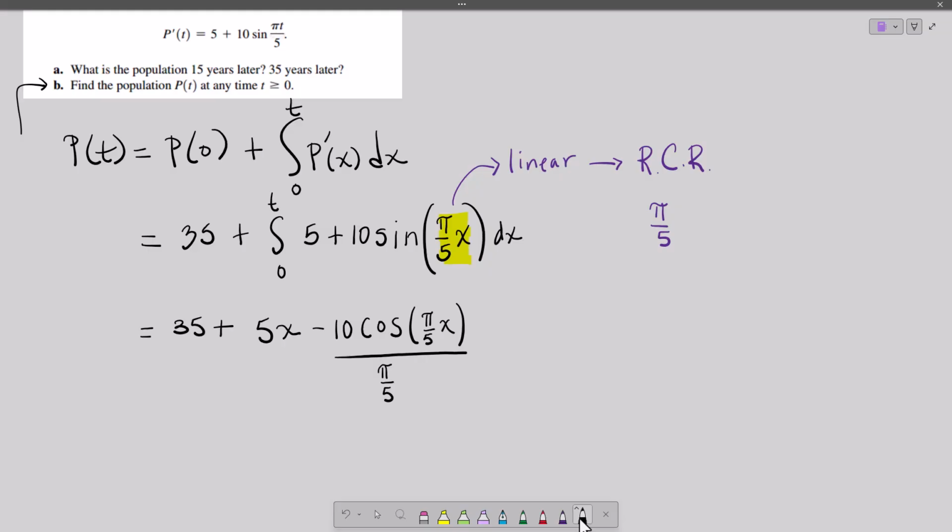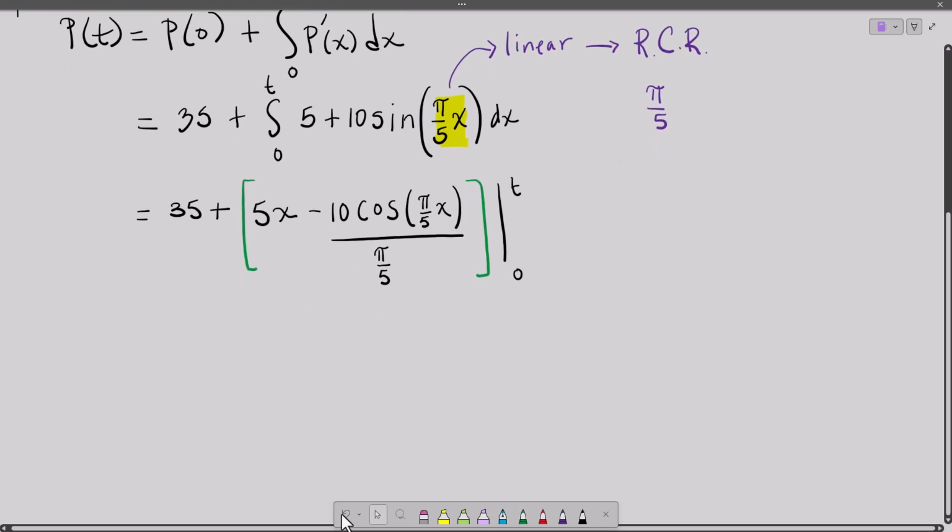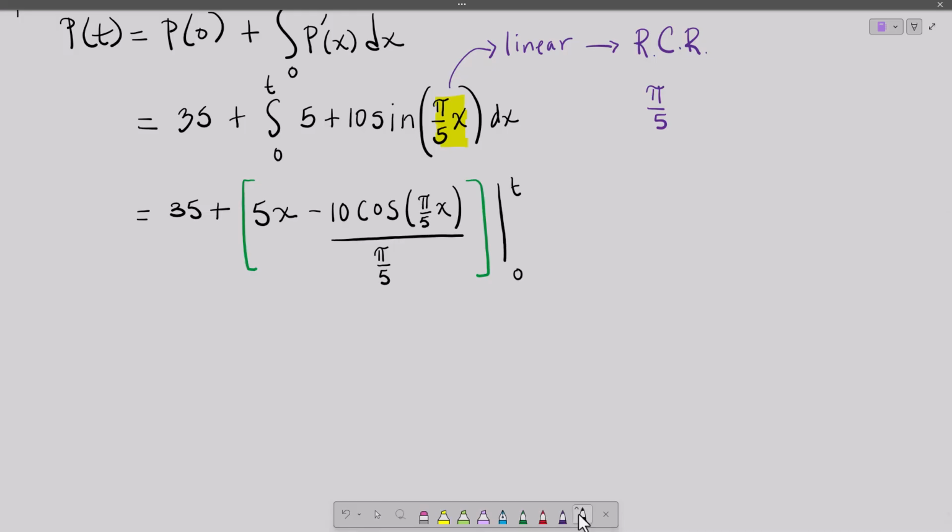And then this all gets evaluated on the interval 0 to t. If you want to be super careful, you can put in your grouping symbol here. Maybe we should use brackets since there's already parentheses in there. You don't have to, as long as it's clear in your mind that the 35 is not part of the antiderivative. Whatever works. So we have 35.